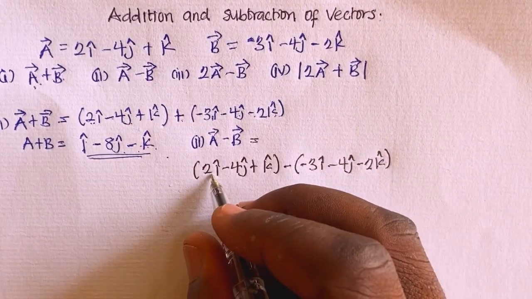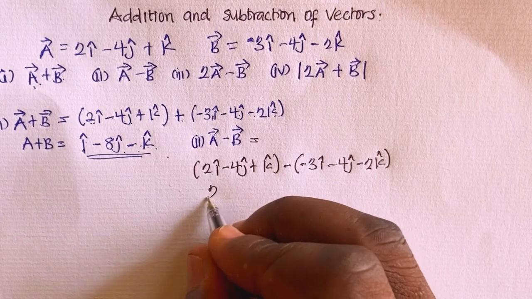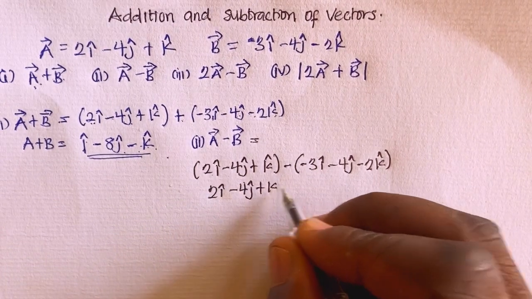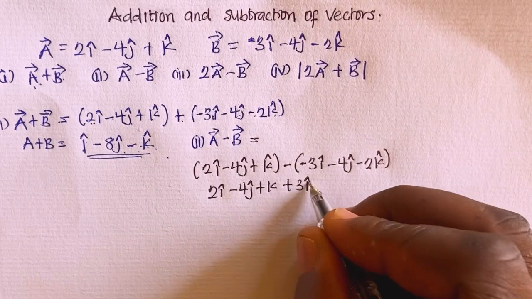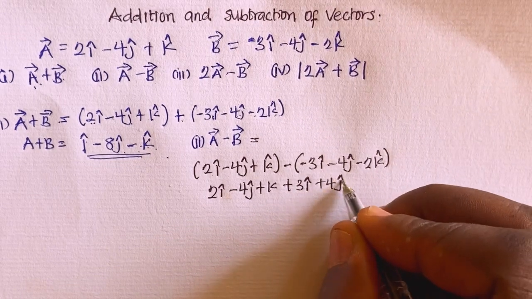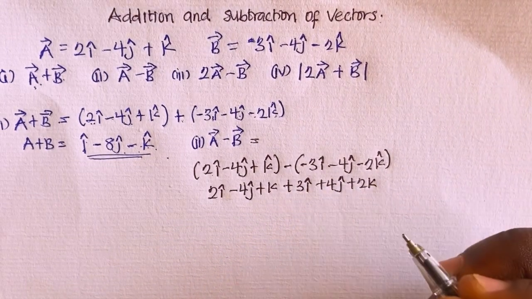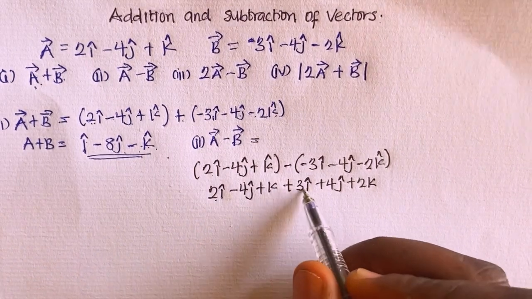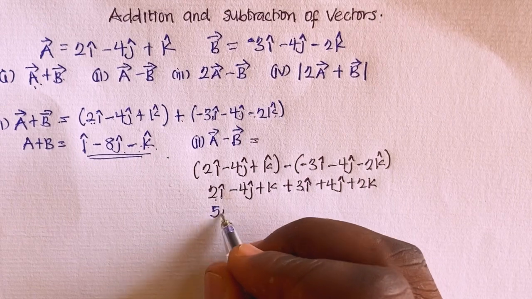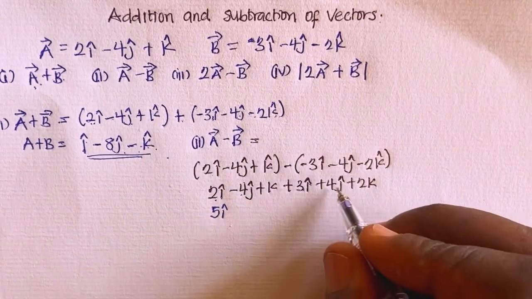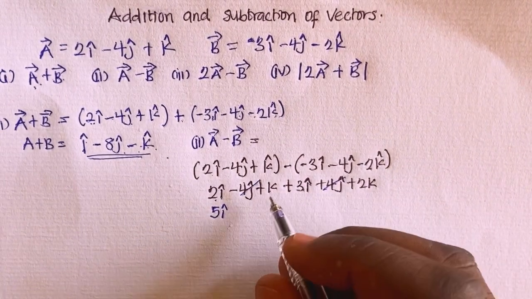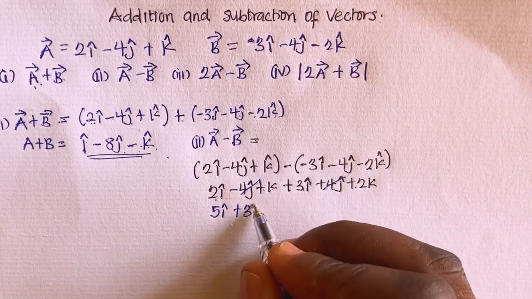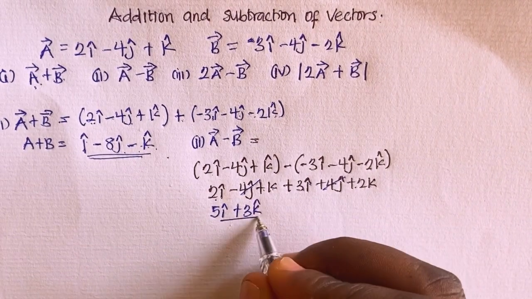So I will have 2i minus 4j plus k plus 3i plus 4j plus 2k. If you observe this very well, 2i plus 3i is 5i. Minus 4j cancels plus 4j. Then plus k plus 2k is plus 3k. That's the answer.